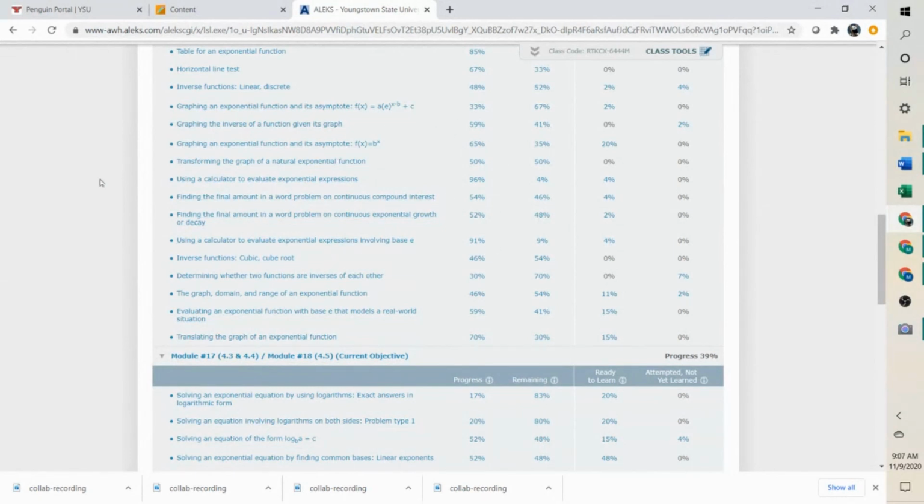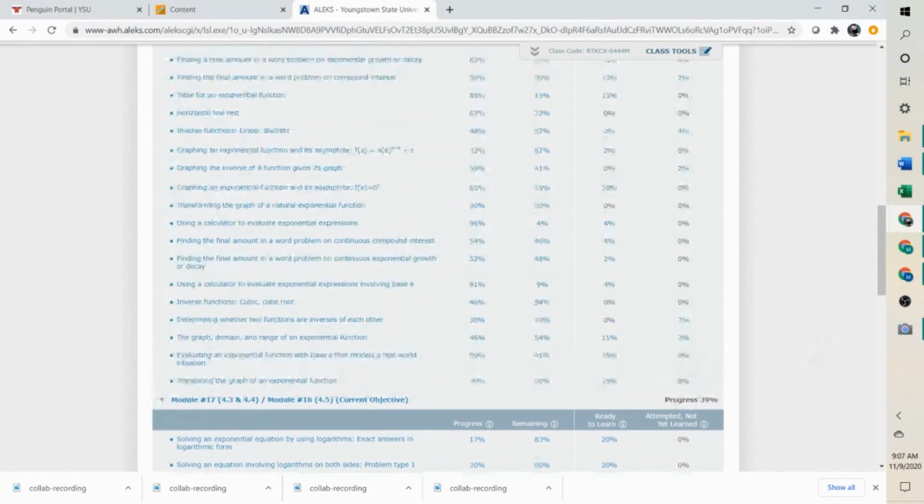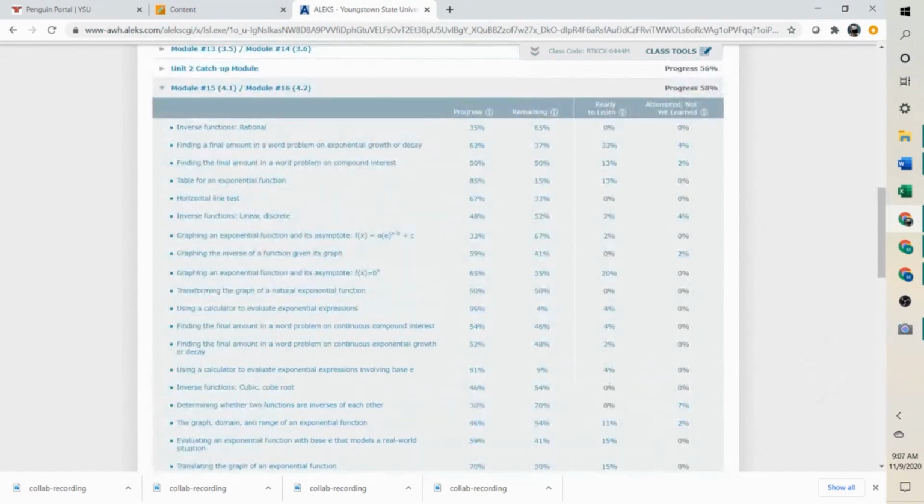You can't see the Alex screen? Yeah, it's showing that you should be able to. Right now I just have Alex on. I don't think there were any logarithms in the one before.